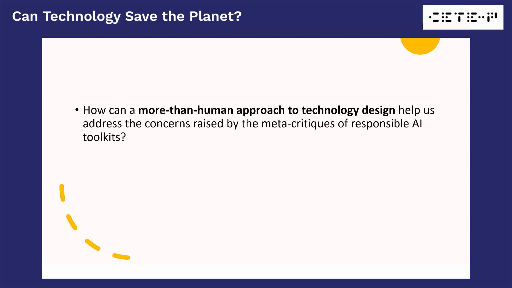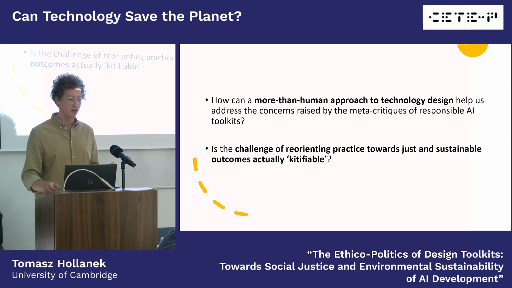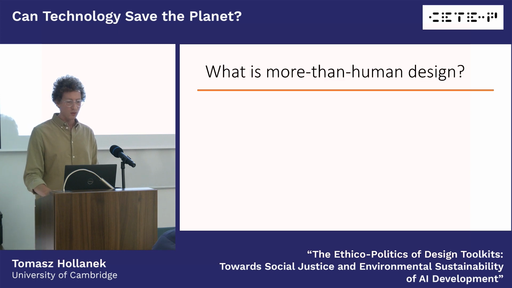I will show you a few of those alternative toolkits, and in a way show you how they might respond to some of the critiques that I have just mentioned, and then it will also be a way of thinking about whether the challenge of reorienting design practice towards the goals of social justice and environmental sustainability is actually kitifiable at all. In a way, it isn't, but toolkits might be helpful, as we will see. So first, what do I mean by more than human design?